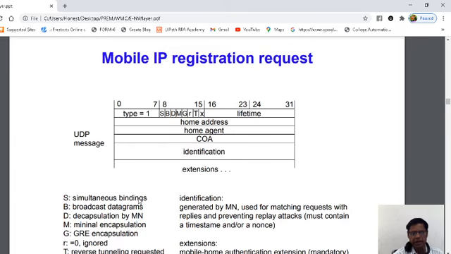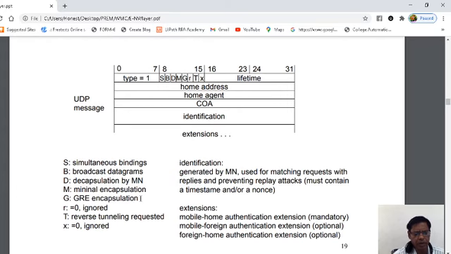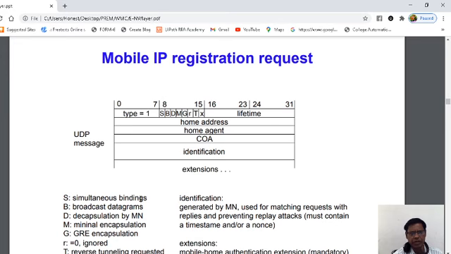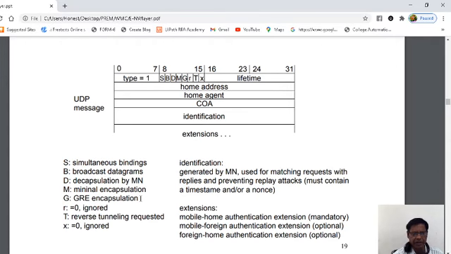Okay, here you can see an example of a mobile IP registration request. It uses UDP, the User Datagram Protocol, and the flags are indicated as S, B, D, M, G and so on.